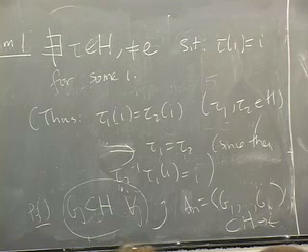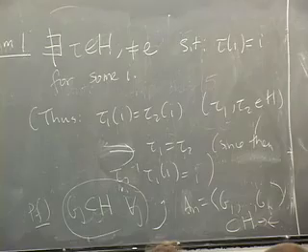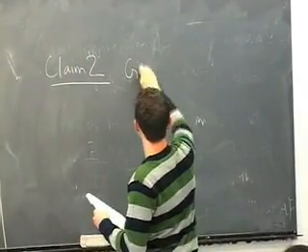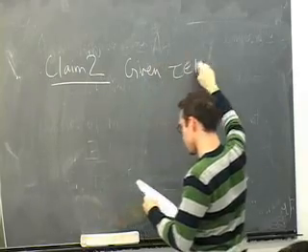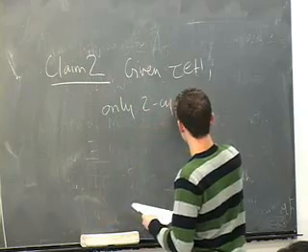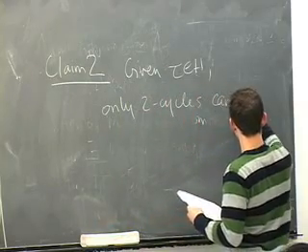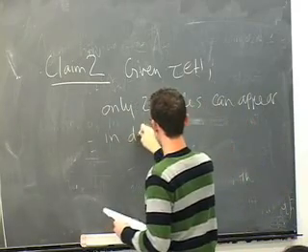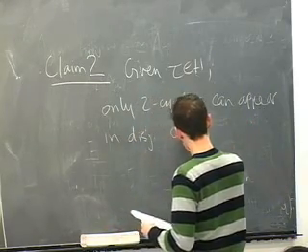And then the last two things are the following. So claim 2: given tau in H, only 2-cycles can appear in its disjoint cycle decomposition.